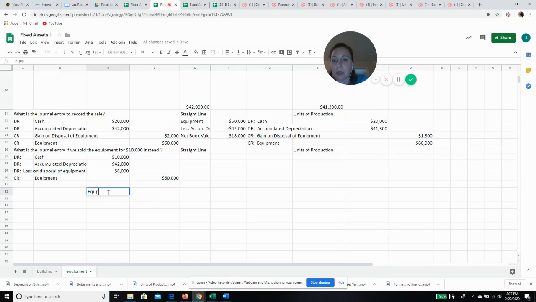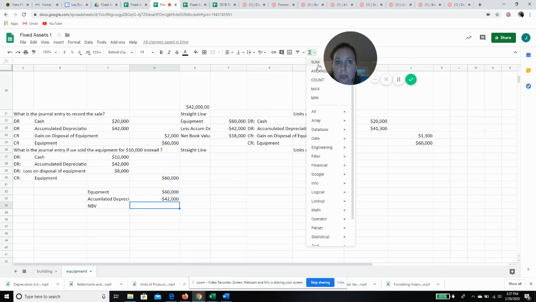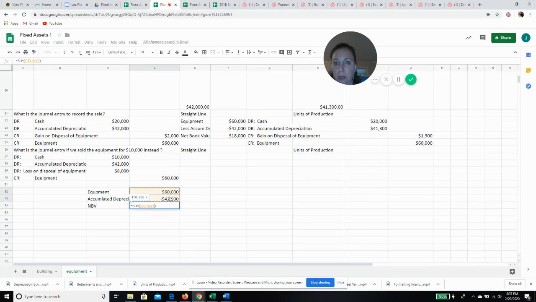My equipment is 60,000. My accumulated depreciation is 42,000. And my net book value is going to be the same as it was before, 18,000.